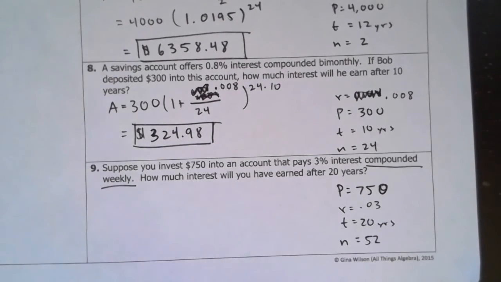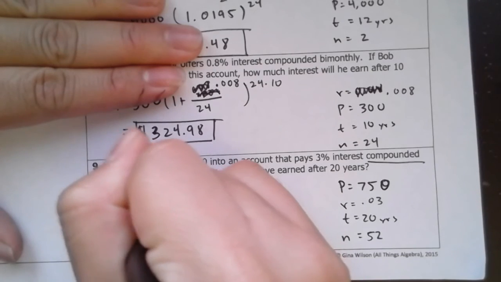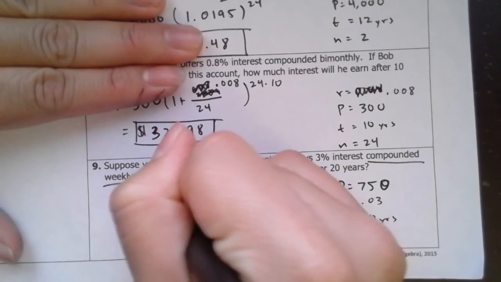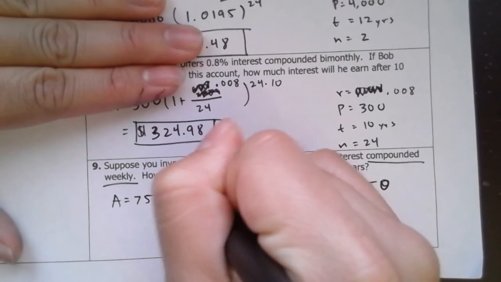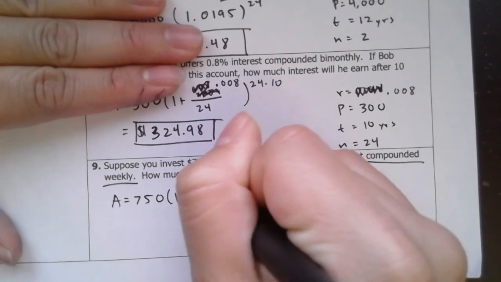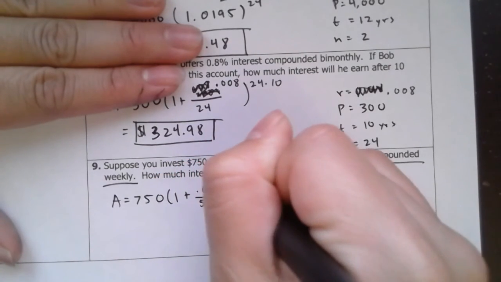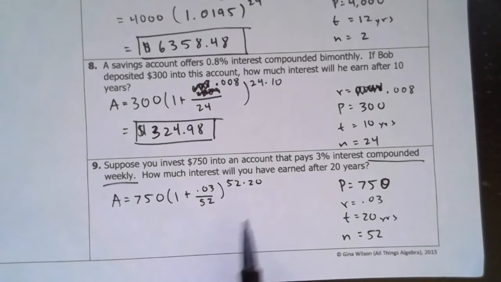So plug this in. A is 750 times 1 plus 0.03 over 52 to the 52 times 20, and then that's going to be another small decimal.